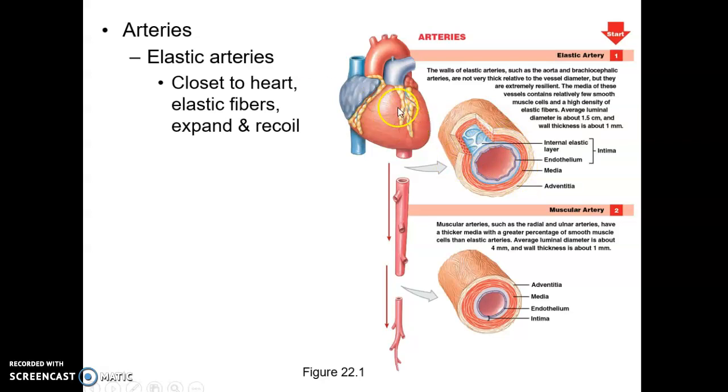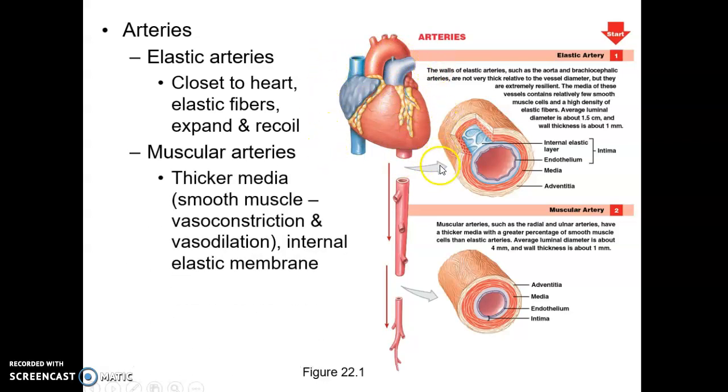And then as the ventricles go into relaxation, diastole, the blood backflows a little bit, and that slaps shut the semilunar valves. So then the blood is only forced to go in one direction away from the heart, and the recoil of the elastic tissue within the elastic arteries helps propel the blood forward away from the heart.